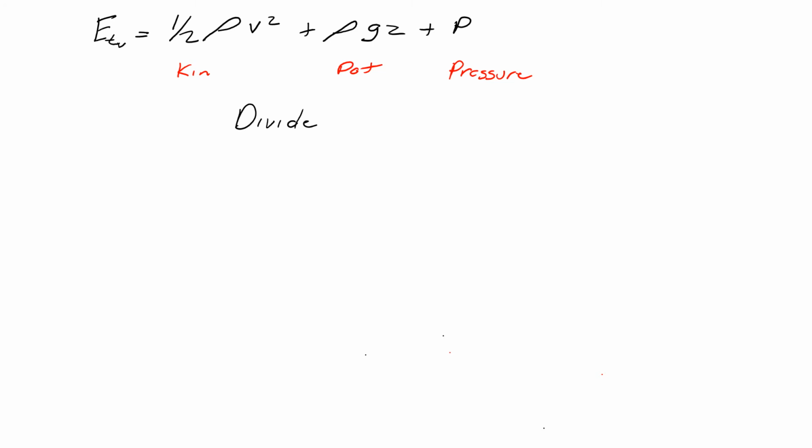This is a little trick that a scientist named Bernoulli came up with. If you divide through by density, you get, instead of energy per unit volume, you end up with energy per unit mass. If we divide that first term through by density, what do we end up with?